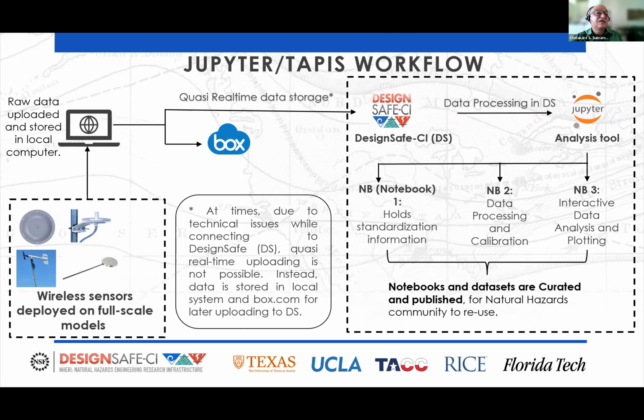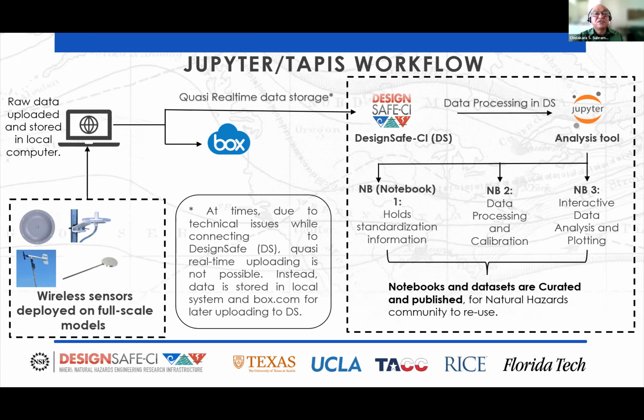So all this data is then stored in a particular format in the laptop. And so always the laptop will have the data, whatever data we collect. And unless we lose the laptop, our data is secured in there. And then we try to use the wide area network Wi-Fi system to communicate to the cloud, including the DesignSafe.